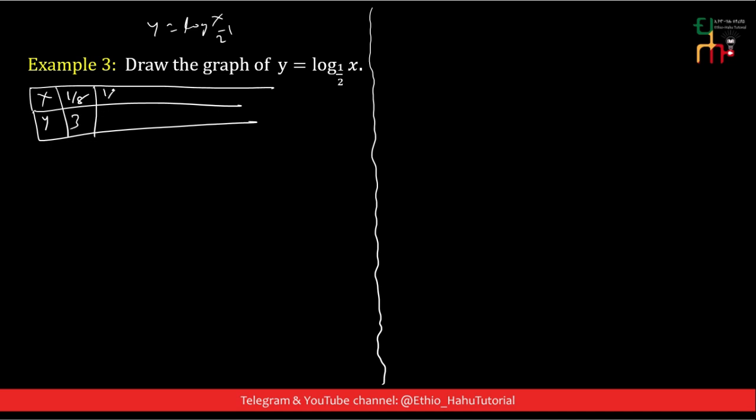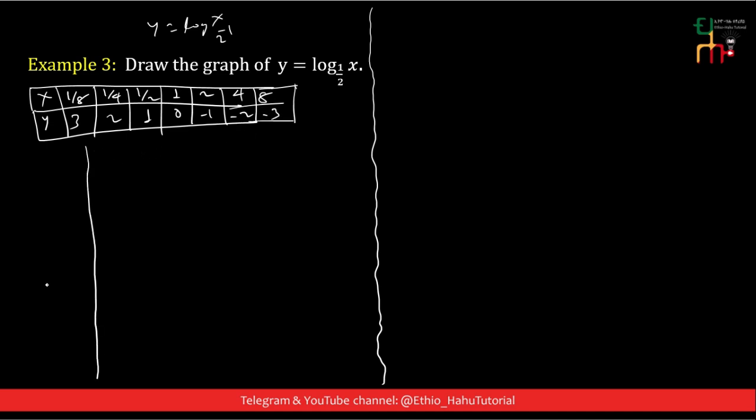When x is equal to 1 over 4, 2, 1 over 2, 1. When x is equal to 1, y is 0. When x is equal to 2, y is minus 1. When x is equal to 4, y is minus 2. And when x is equal to 8, y is minus 3.